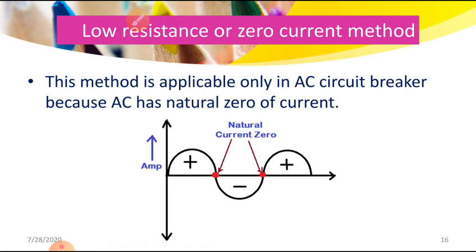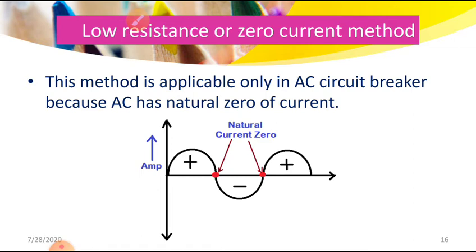At that time we open the contacts. The current at the zero crossing is 0. If there is no current through the arcing path, how will the temperature develop? If there is no temperature, it automatically quenches itself. That is what we employ in AC circuits.